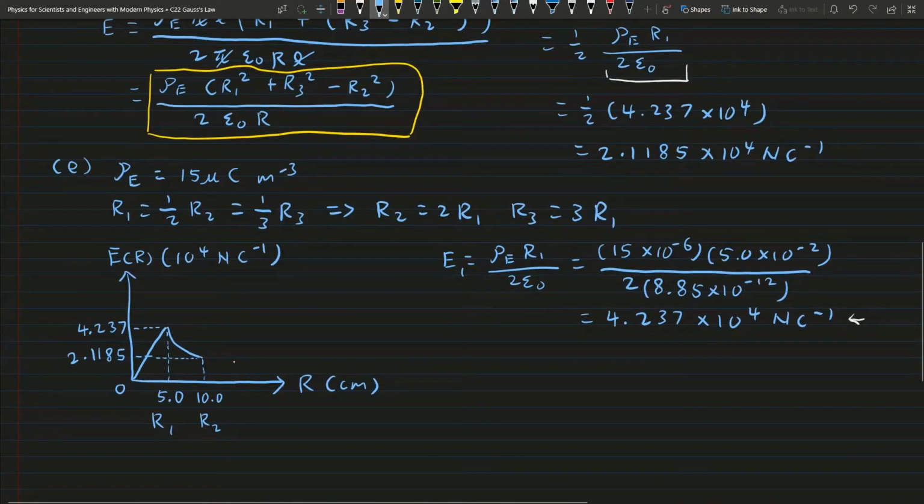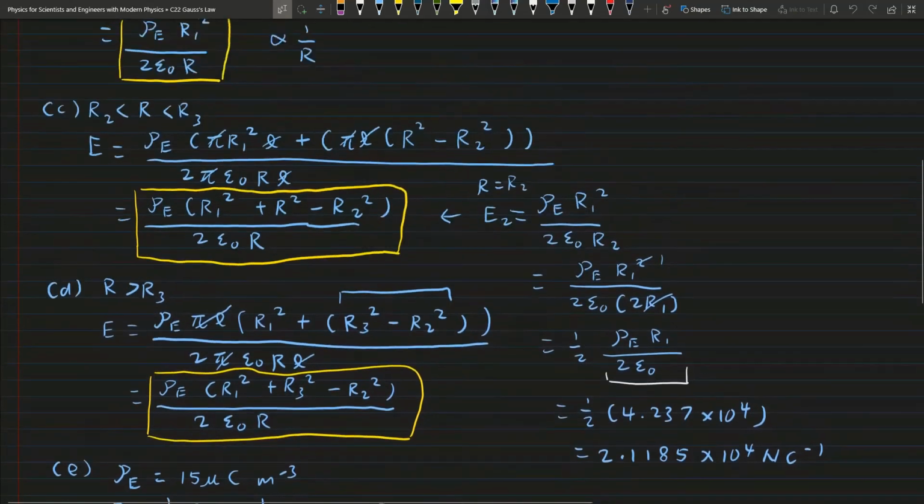Now we will need to consider this until the R3. R3 is equal to 3R1, which is given by 15.0, and this is the R3. So in the case for R2 until R3, we take a look back to this C. You can see here only the R is the variable, and the rest is just R1, R2, and this charge density rho naught, the others are just constants.